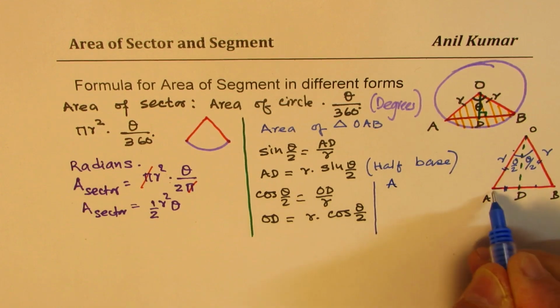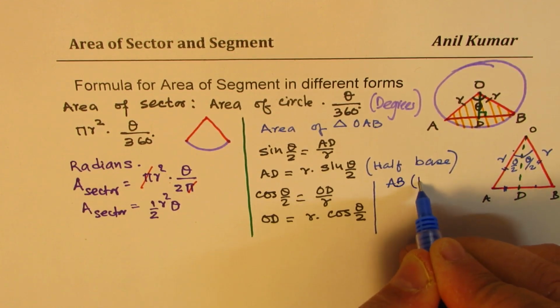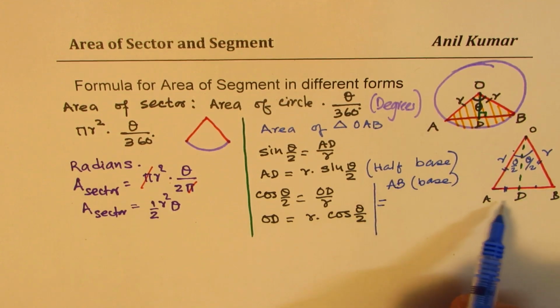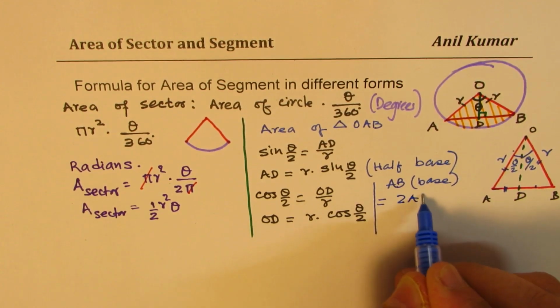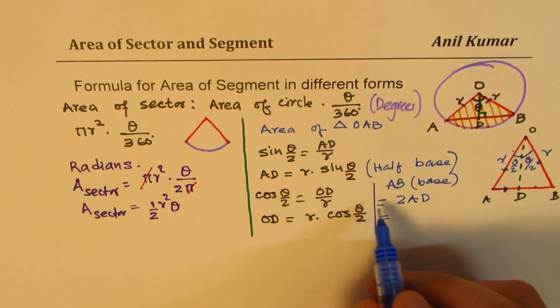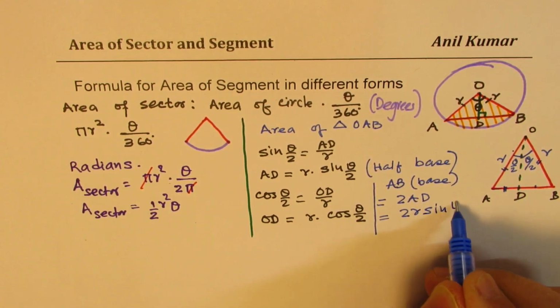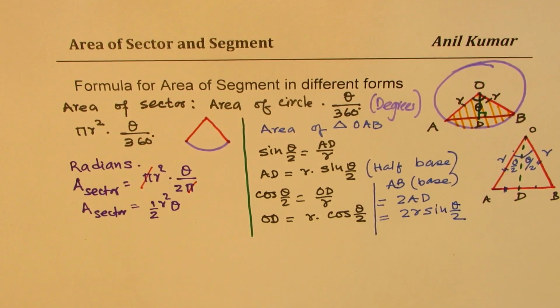So AB, which is base, is equal to 2 times AD, right? Which you could write as 2 times R sine theta by 2. Perfect. Now from here we can write down the area of triangle.